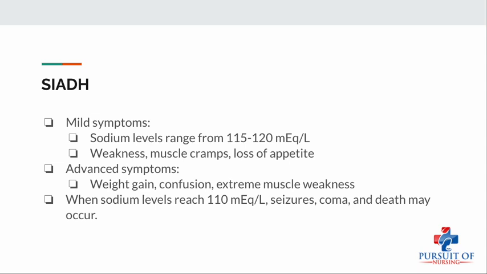Advanced symptoms are going to include weight gain, confusion, and extreme muscle weakness. More advanced serious symptoms are going to be related to water intoxication. So when sodium levels reach 110, you really have to be monitoring for seizures, coma, and even death may occur when the sodium level drops that low.